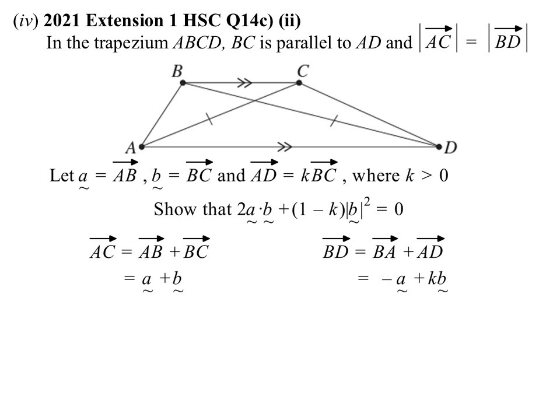Now BD, head minus tail, or another way of thinking about it is getting BA and AD, smash them together. But it would be minus A, because it's going in the opposite direction, plus some constant times B, because BC is... We've been told the magnitude of these two things are the same, but the magnitude squared is the same as saying the vector dotted by itself.